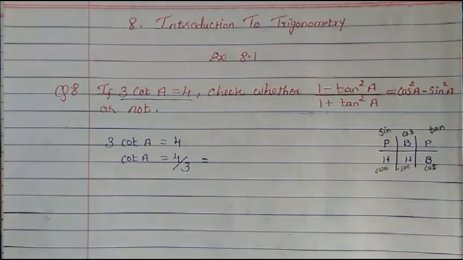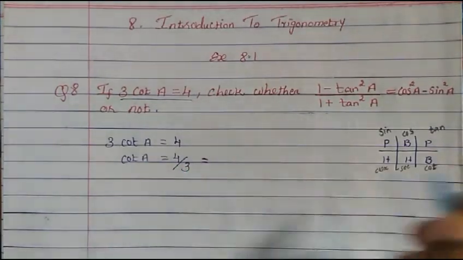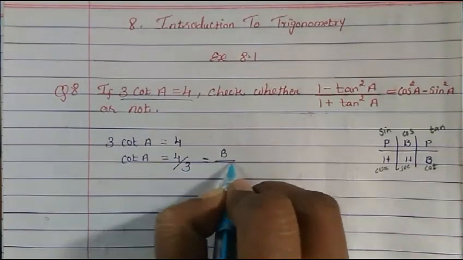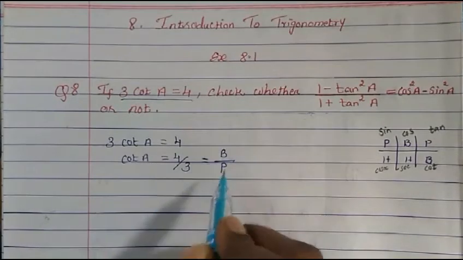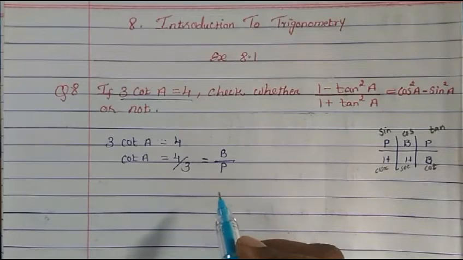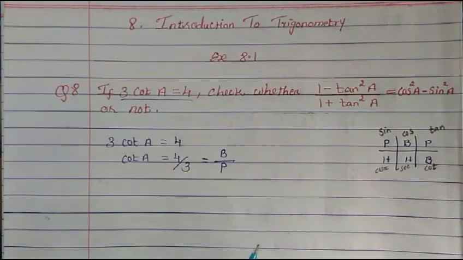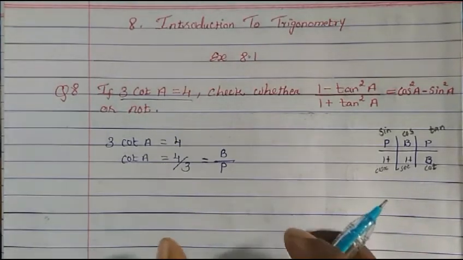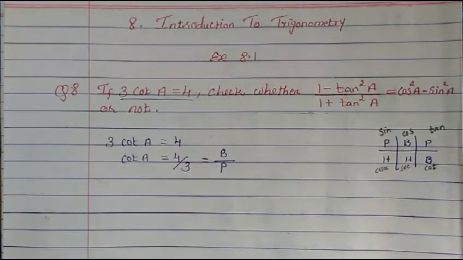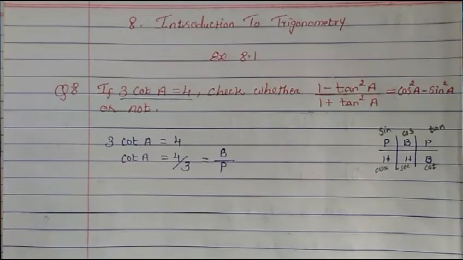So cot is base upon perpendicular. We know base, we know perpendicular, we don't know hypotenuse. So we have to first find the hypotenuse, complete the 3 sides of the triangle, then we will proceed with the question. So let us draw a right angle triangle.